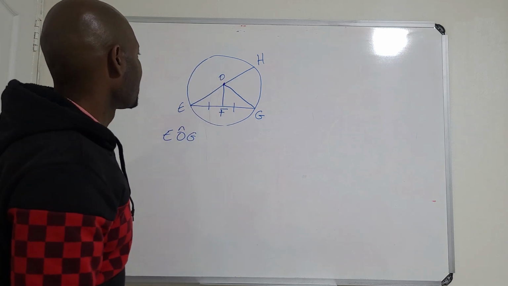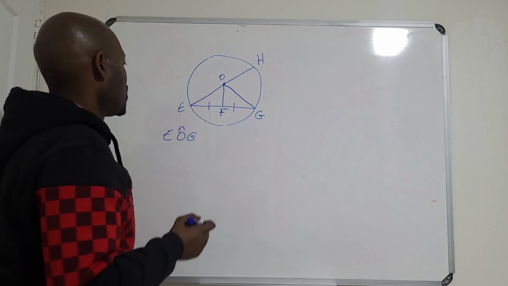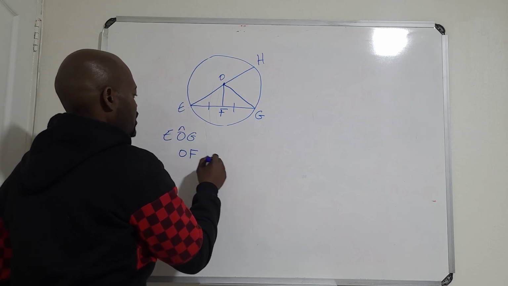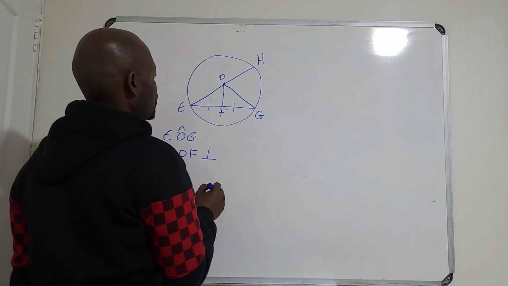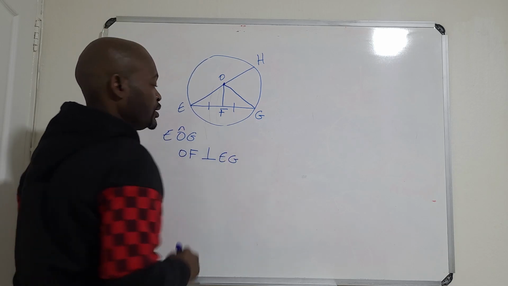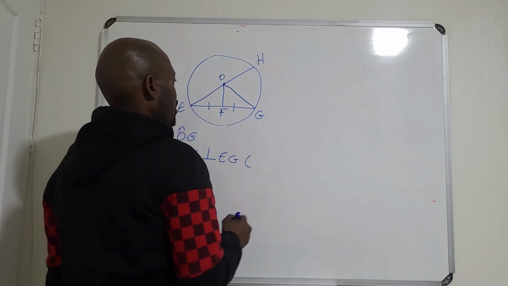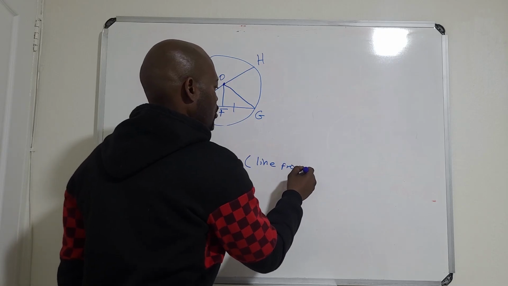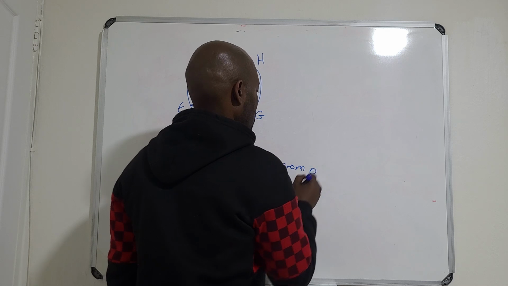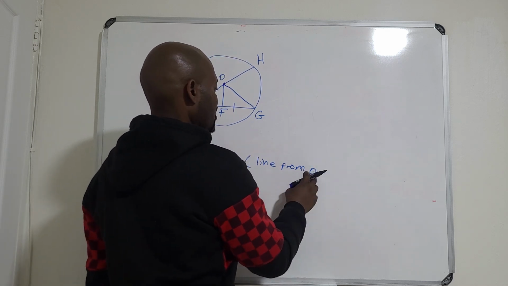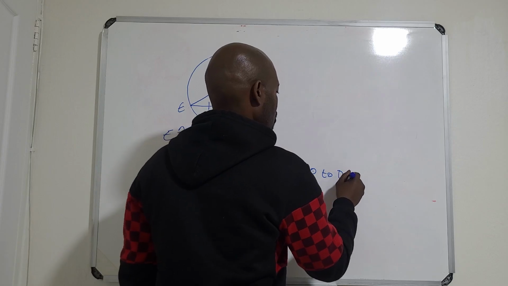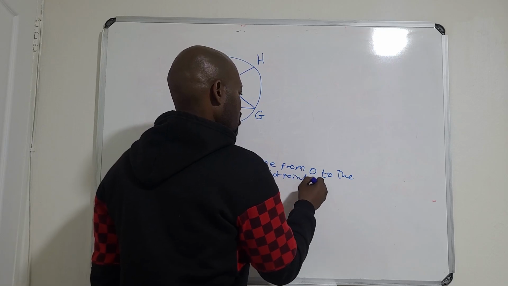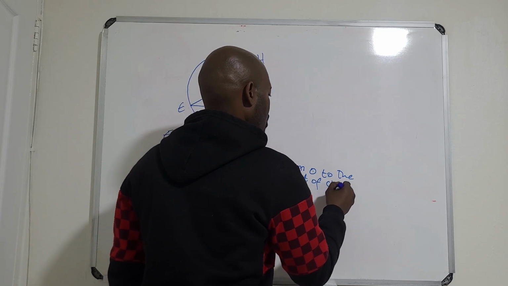Now let's find this angle. The first thing that we are going to do, we are going to say OF is perpendicular to EG. Reason? Line from center to the midpoint of chord.